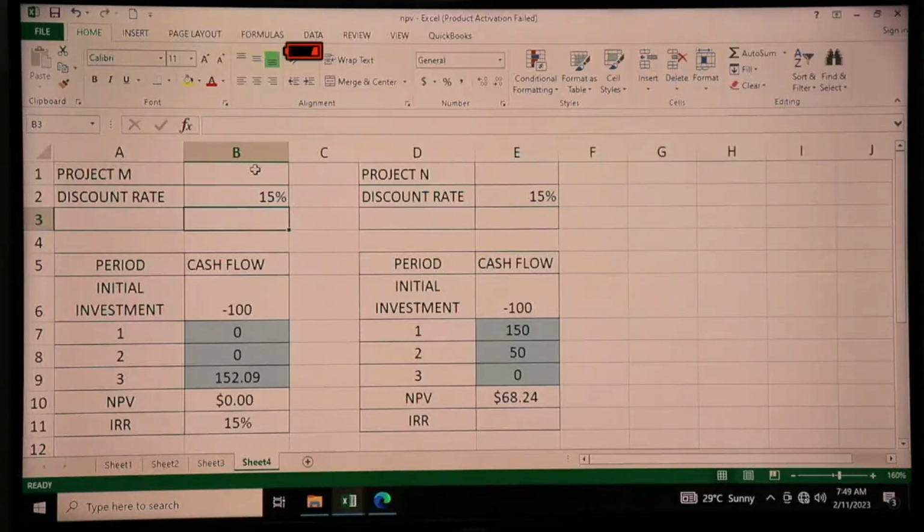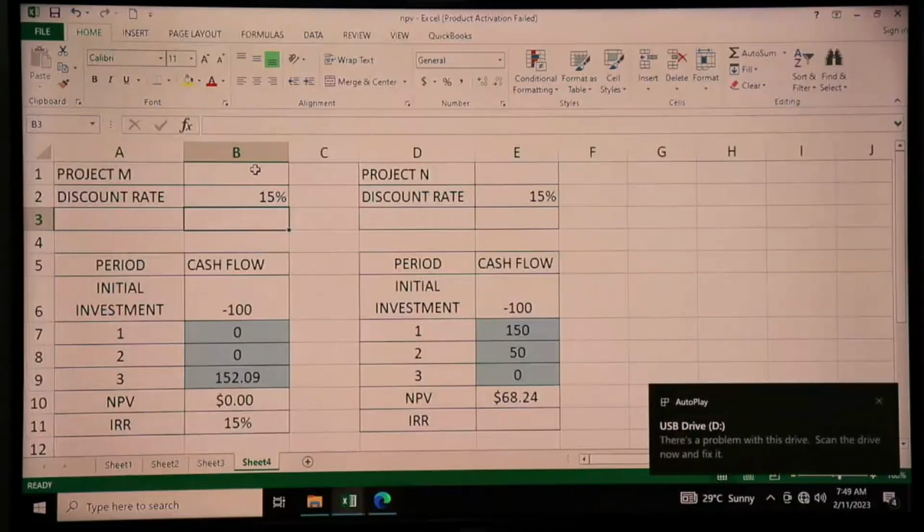I think that worksheet is still in the WhatsApp group, so you get it there. Just download the worksheet, open it and move to the third worksheet. That is what we are going to use to discuss this internal rate of return.